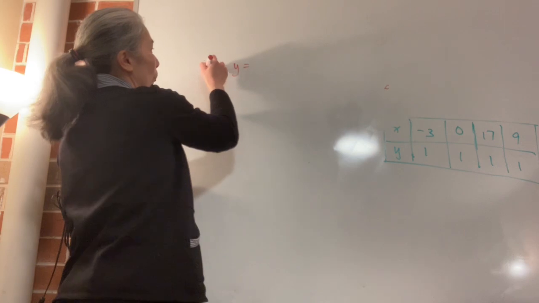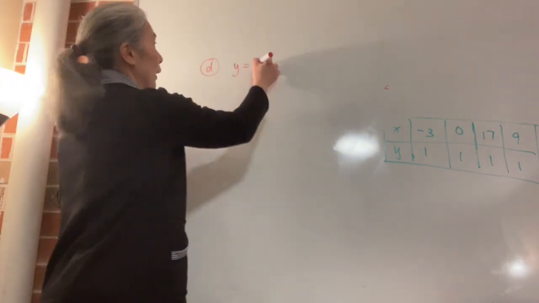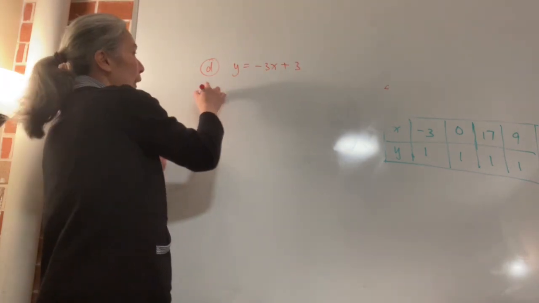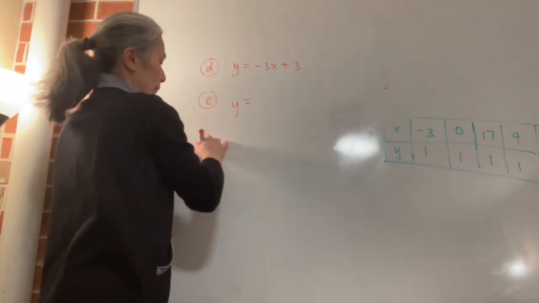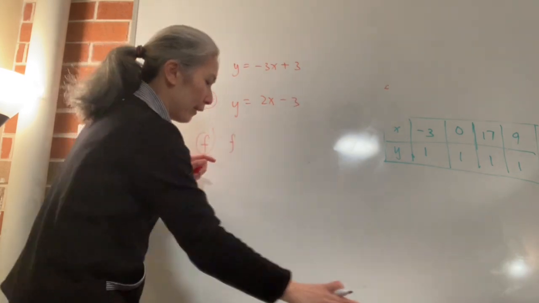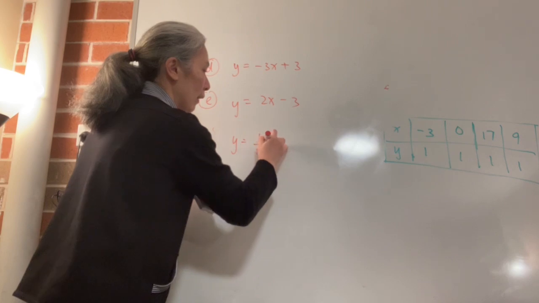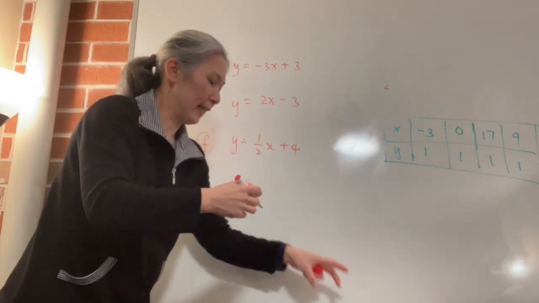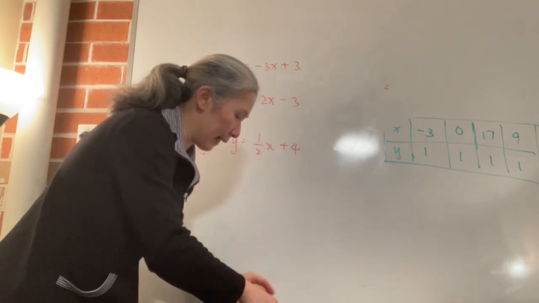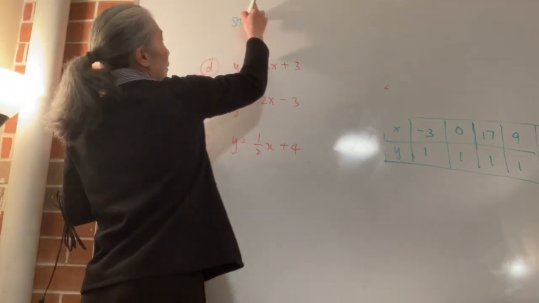What is the equation for D? y equal to negative 3x plus 3. Okay, and E? 2x minus 3. Question F, y equal to? Half x plus 4. Now, by looking at these equations, I already know what the gradient looks like, because of the general equation for a straight line, which is something really important.